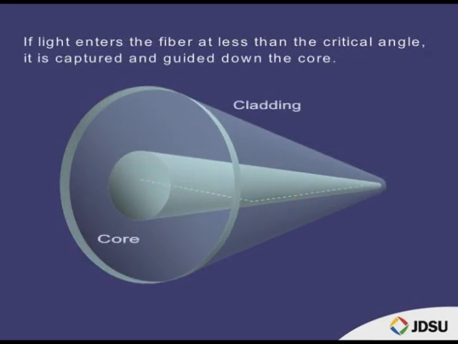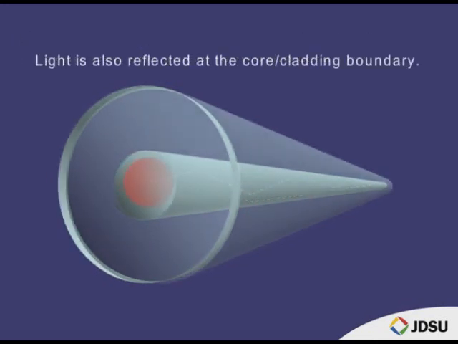If light enters the fiber at less than the critical angle, it is captured and guided down the core. Light is also reflected at the core cladding boundary.